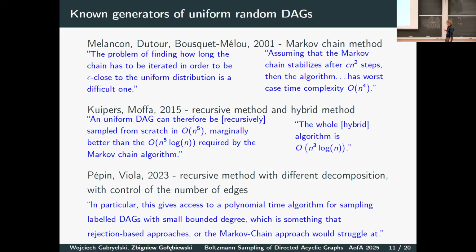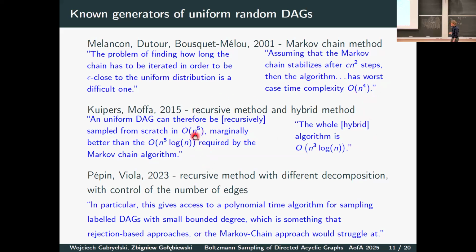Later, Kuipers and Moffa wrote a nice paper in which they first try to find some bound for the mixing time of this previous approach, and the bound they found gives a worst case complexity a bit worse than the one given in the 2001 paper.